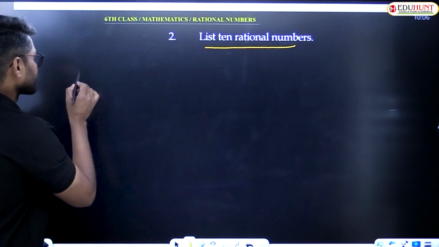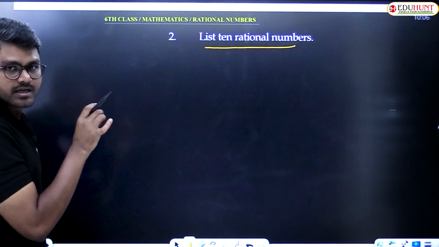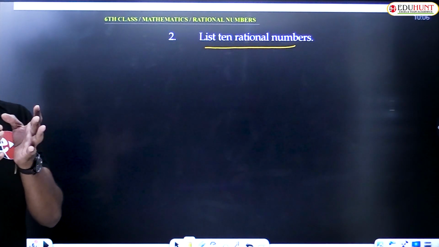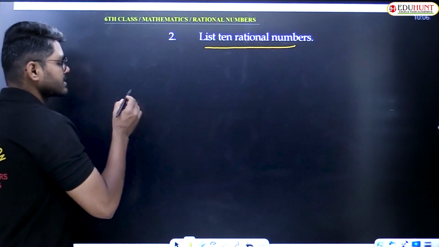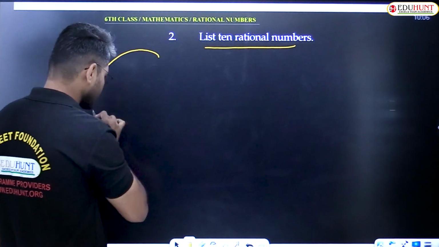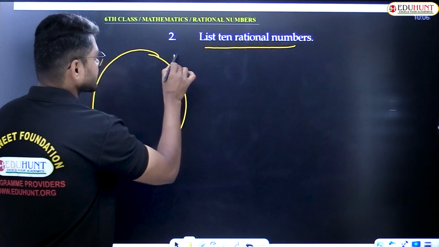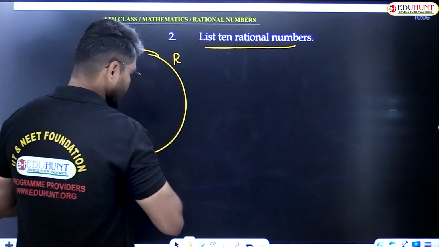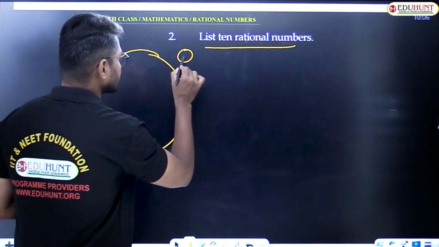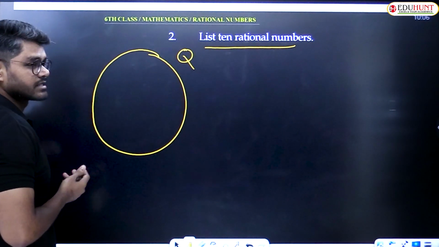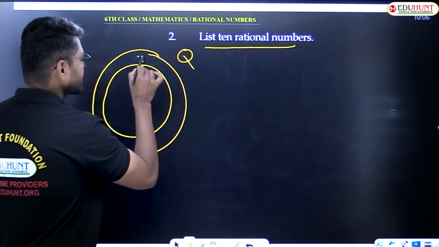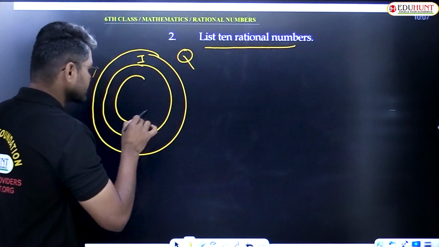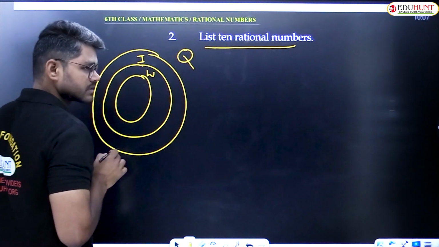Let's see one by one. In rational numbers, I want to mention one more point here which is very important while solving these questions. This set is the rational number set, which is denoted by Q. In these rational numbers, integers are included. In these integers, whole numbers are included.